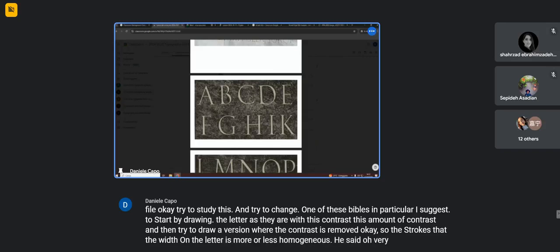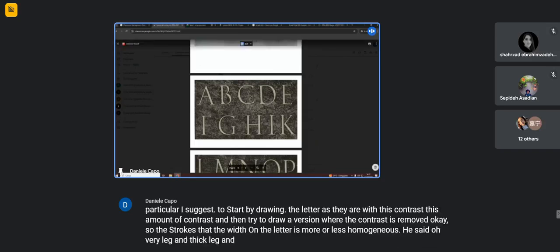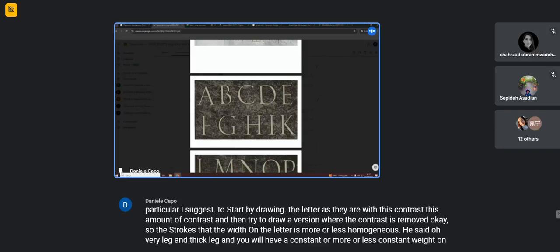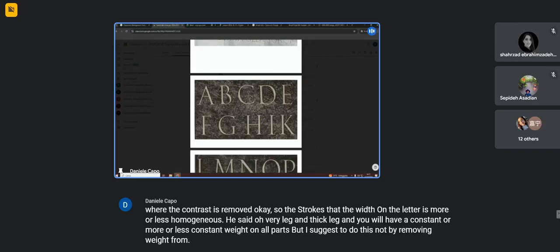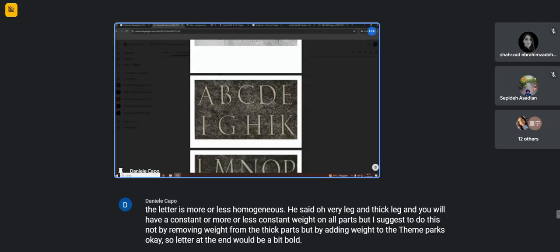Instead of having a thin leg and a thick leg, you will have a constant or more or less constant weight on all parts. But I suggest to do this not by removing weight from the thick parts, but by adding weight to the thin parts. So the letter at the end will be a bit bolder than the original.